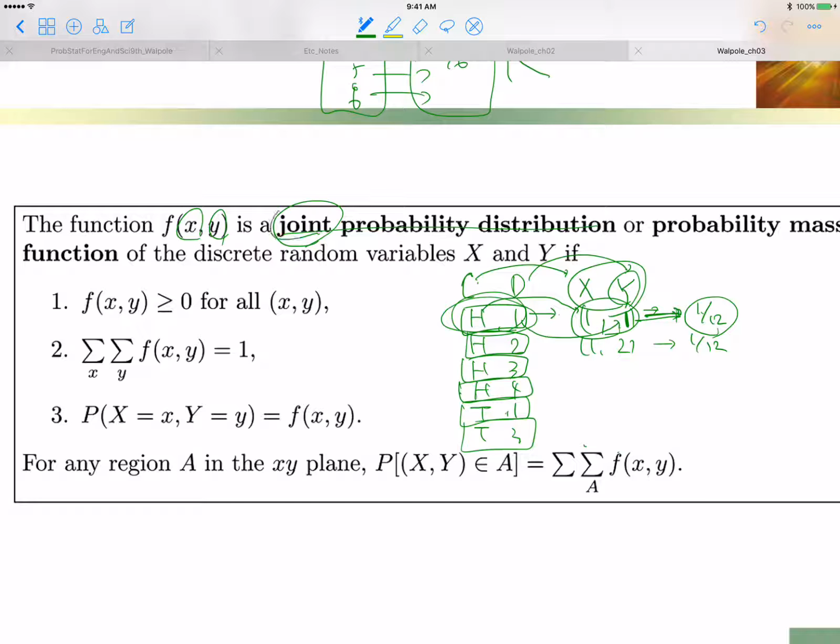So that is called this joint probability distribution. And then this joint probability distribution should satisfy these equations. So they should be non-negative for all the values of x and y, and altogether they should sum up to 1. And then for a particular sample of x and y, this probability is the same as this joint probability function f of x and y.